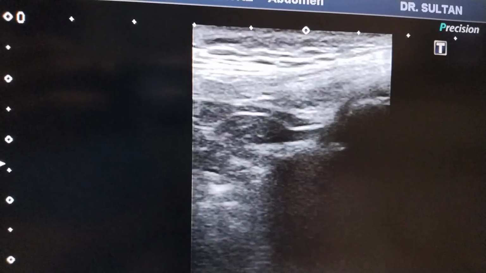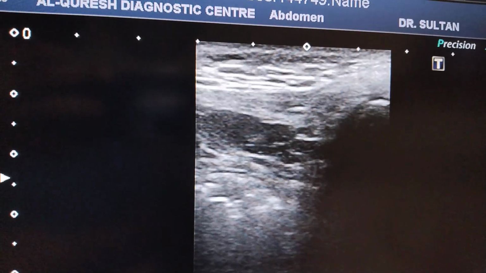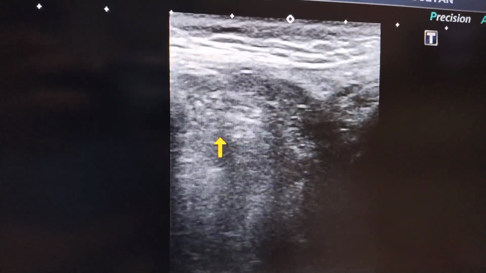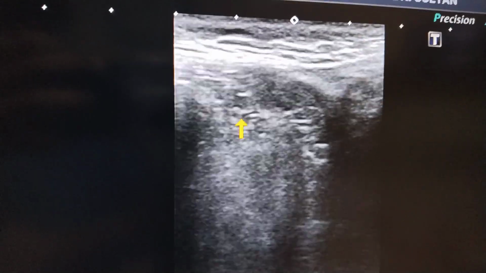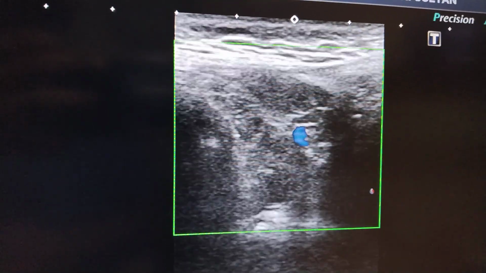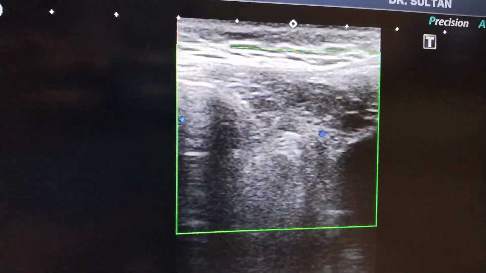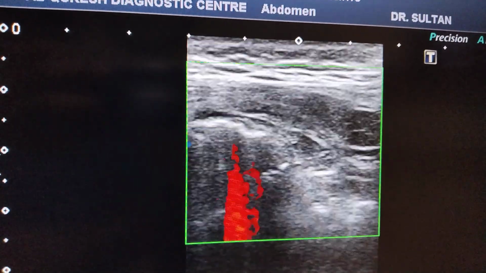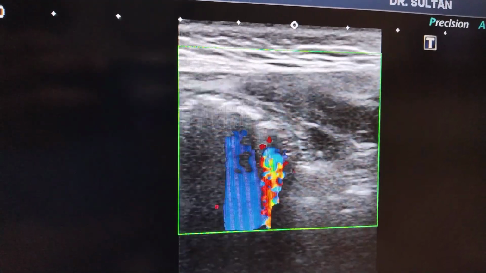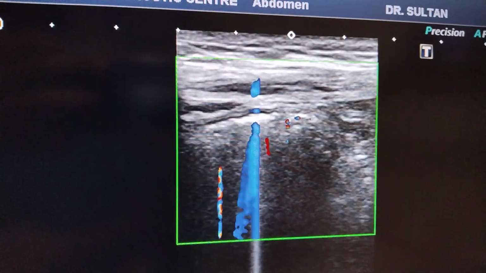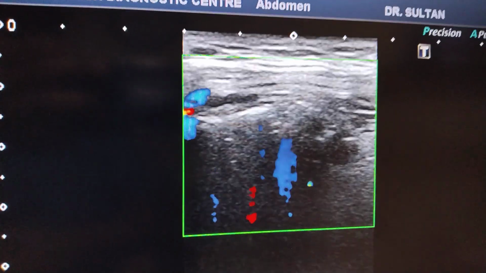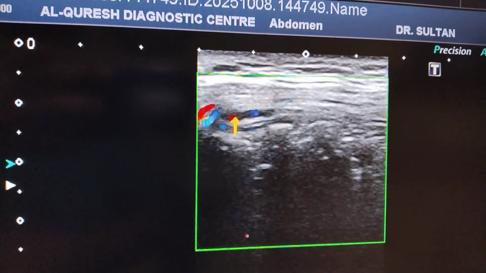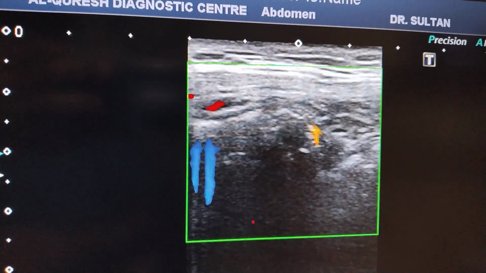Again we see in the real image, look here, this was the posterior wall and this is projecting outward, and if we put the color, this is the inferior epigastric artery which has been pushed toward the lateral side due to this herniated contents.